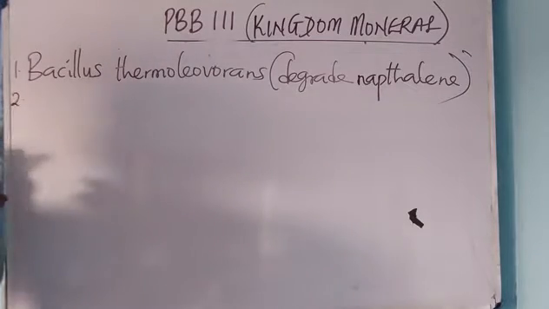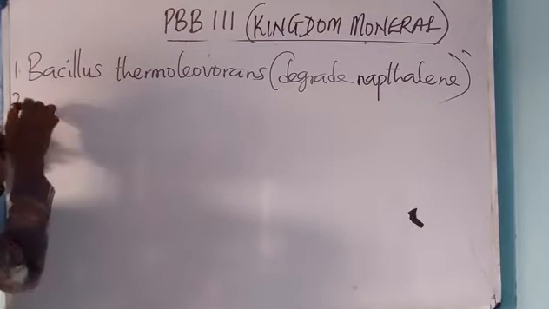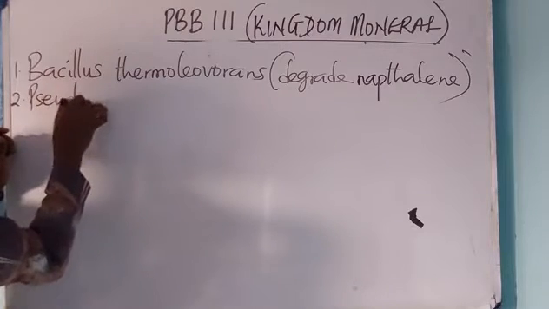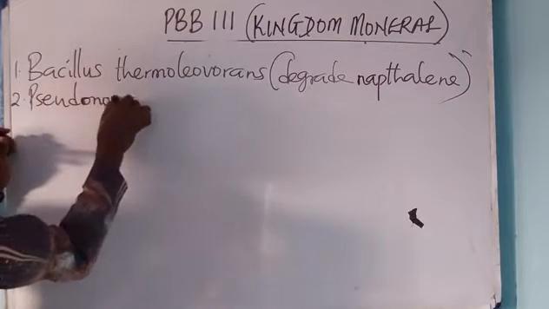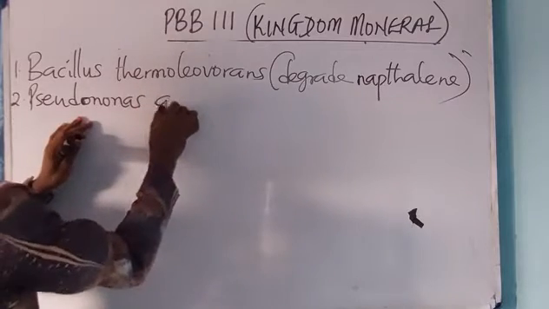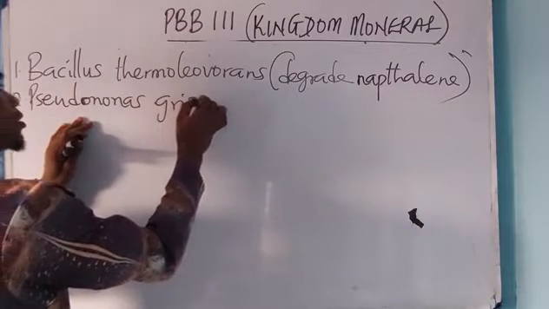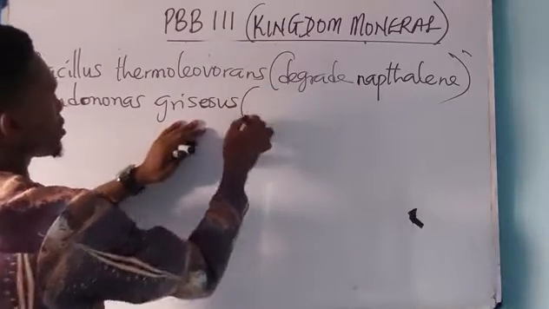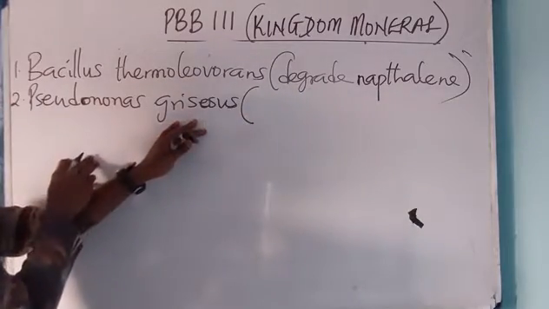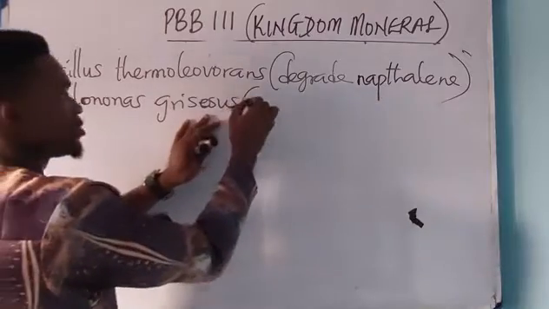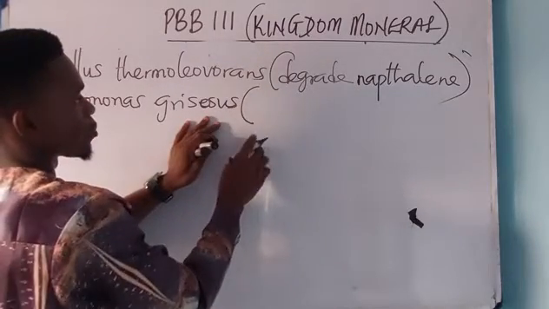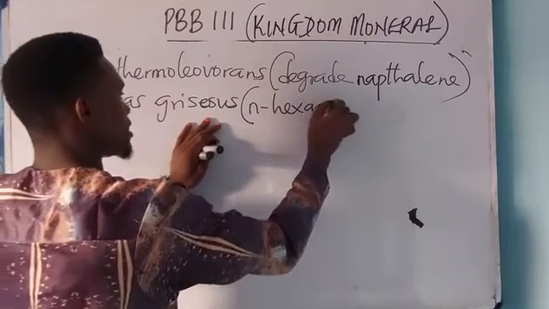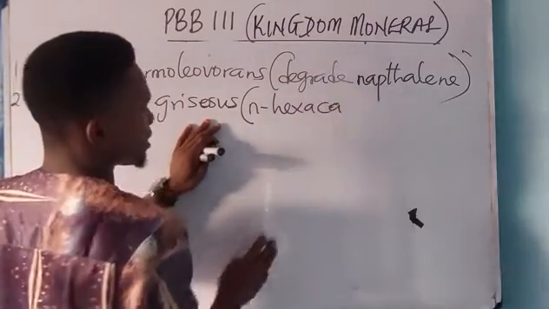Then number two, you also have Pseudomonas. You have Pseudomonas grisosus. These bacteria degrade normal hexadecane.